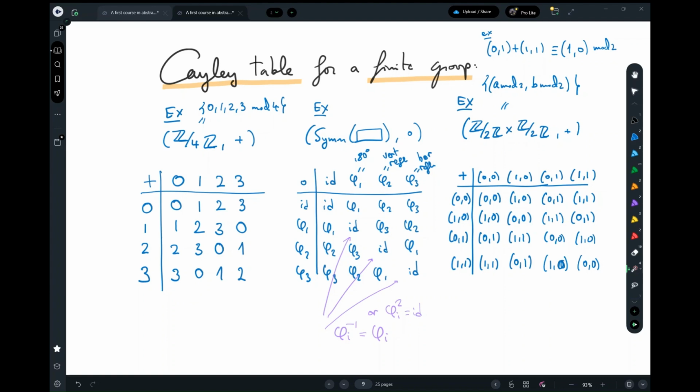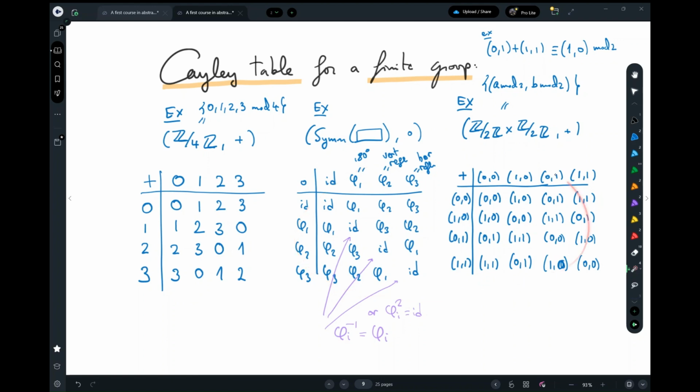So now what you can see is that, for example, in this one, I get all identity elements in the diagonal, and the same thing happens in here, that all the elements in the diagonal are zeros. And if you now call these elements identity, phi 1, phi 2, and phi 3, then you'll see that wherever I see phi 3 here, I see phi 3 in here too.